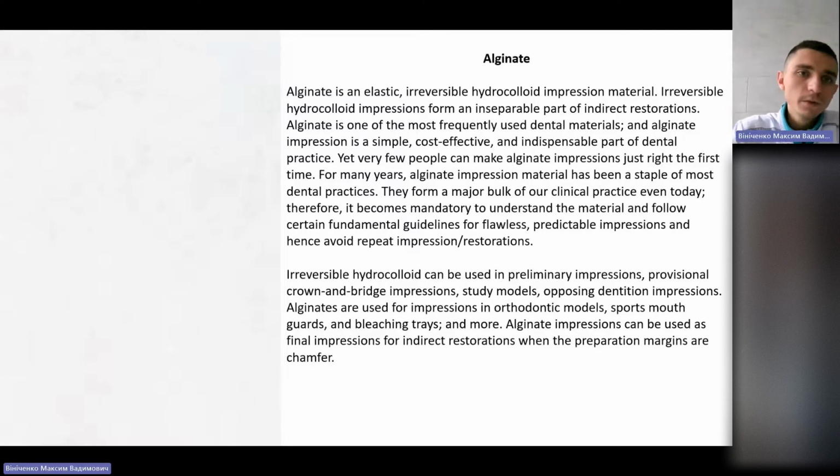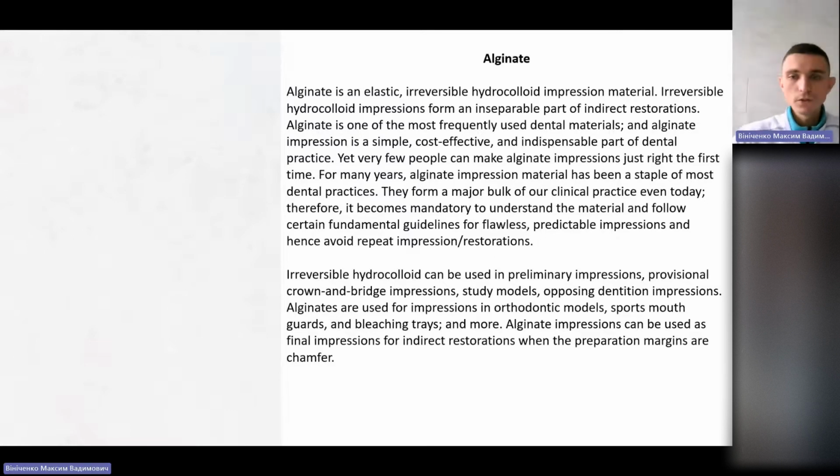Yet very few people can make alginate impressions just right the first time. For many years, alginate impression material has been a staple of most dental practices. They form a major bulk of our clinical practice even today. Therefore, it becomes mandatory to understand the material and follow certain fundamental guidelines for flawless, predictable impressions and hence avoid repeat impressions and restorations.